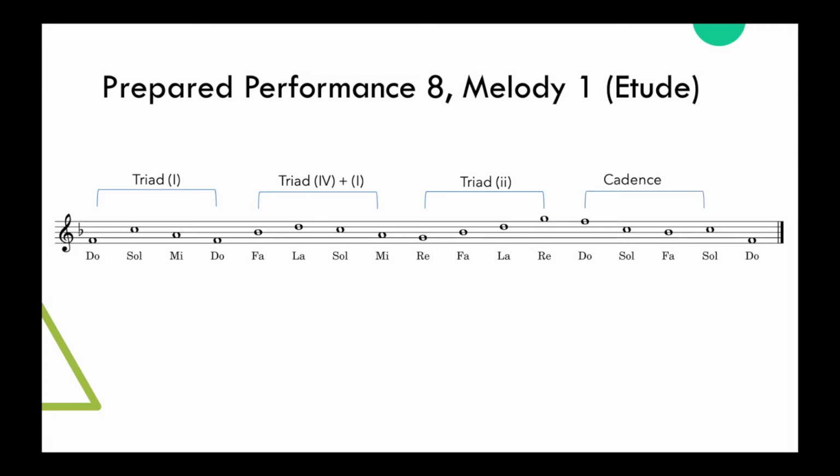And then a little cadence, do, sol, fa, sol, do. Okay, so let's try this one out. Here we go. Do, sol, mi, do, fa, la, sol, mi, re, fa, la, re, do, sol, fa, sol, do.